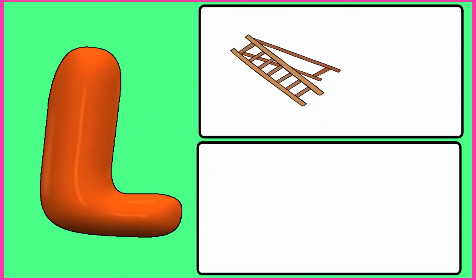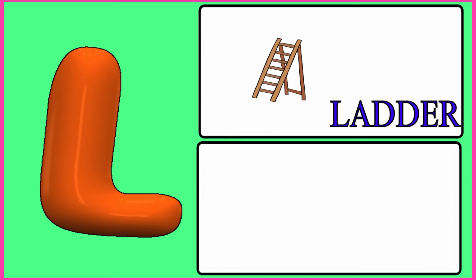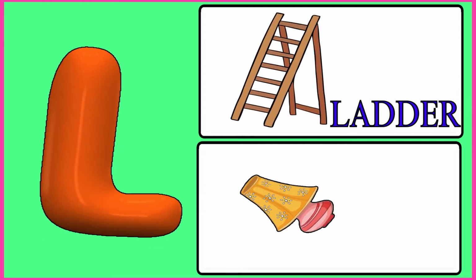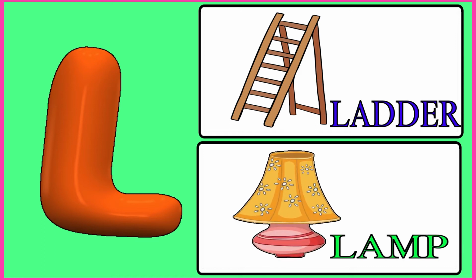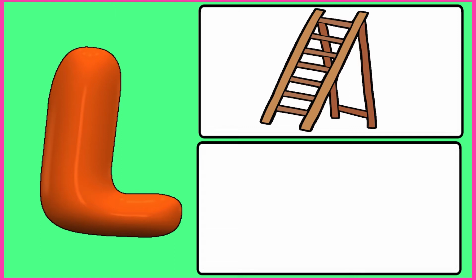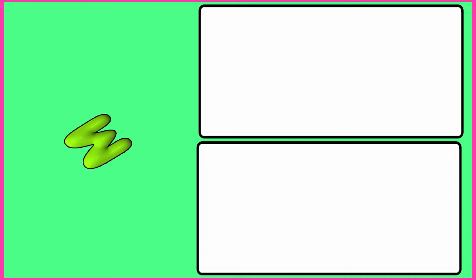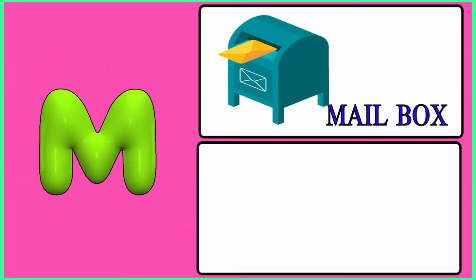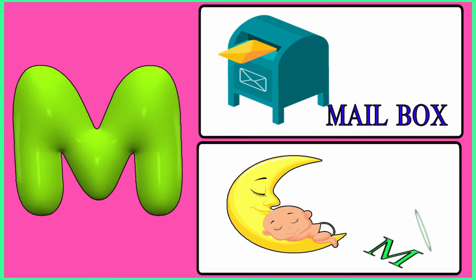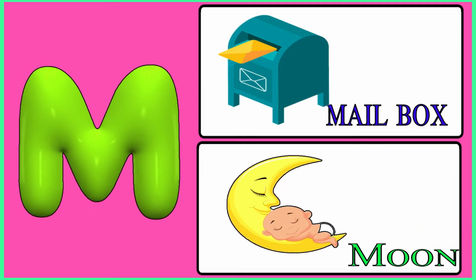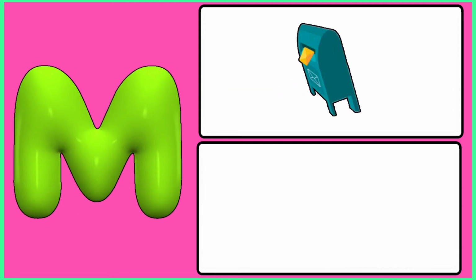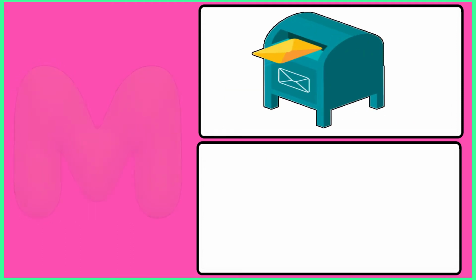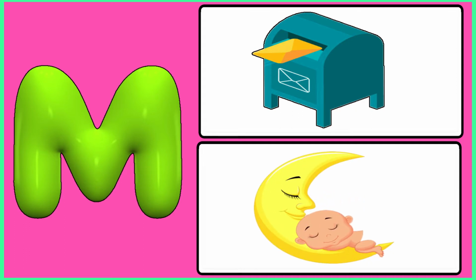L is for ladder, ladder. L is for lamp, lamp. M is for mailbox, mailbox. M is for moon.